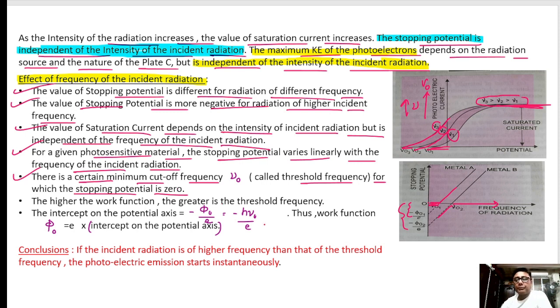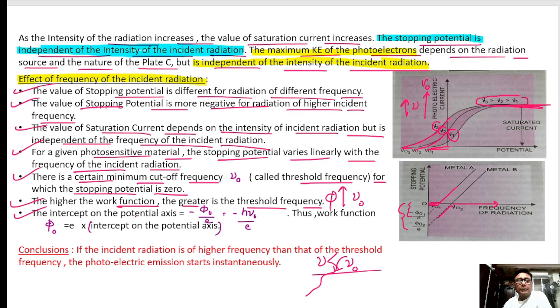Please watch here that if the light is incident with a frequency which is less than the threshold frequency, the electrons will not be emitted and you will not get any current. The higher the work function, the greater is the threshold frequency. If this is more, then this is also more.